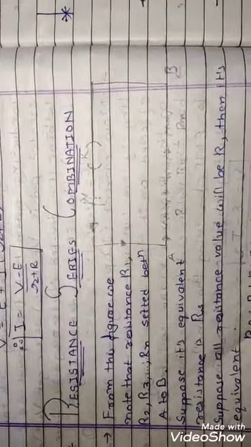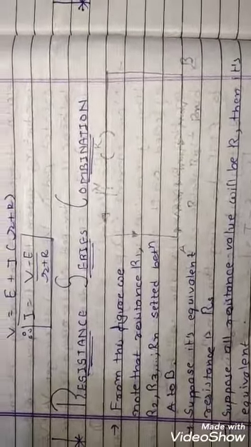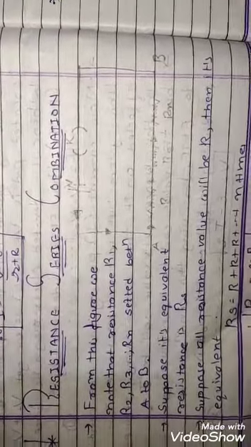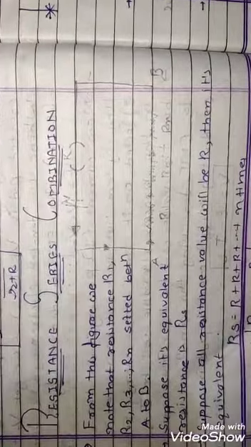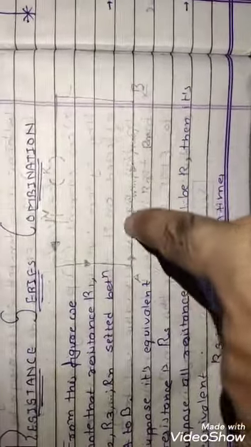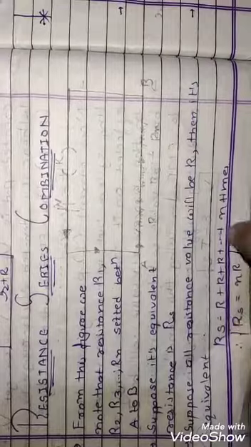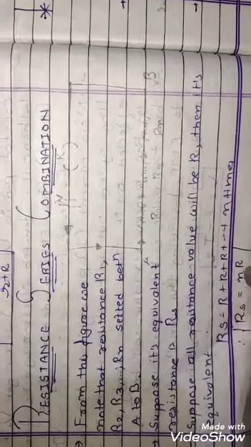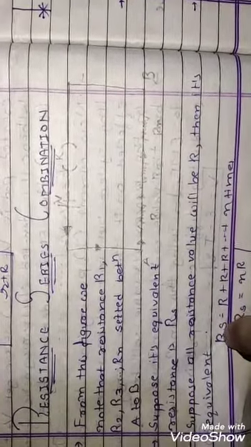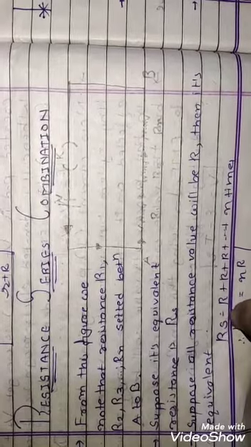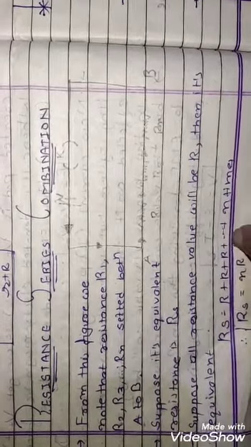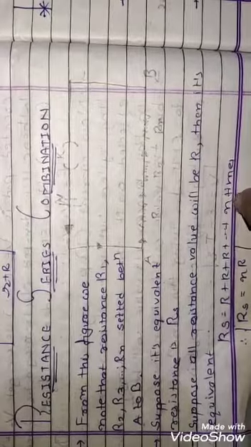Now the topic, important topic, but you all know about resistor in series combination and resistor in parallel combination. From this figure we will show R1, R2 and R3. R1, R2 and R3 are connected in series. For series connection, we all know, the final resistance Rs is equal to R1 plus R2 plus R3 plus dash dash dash Rn.